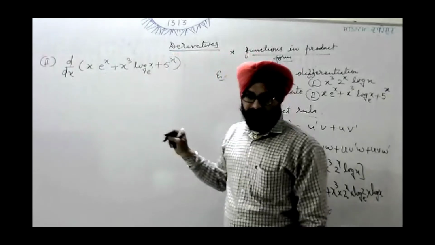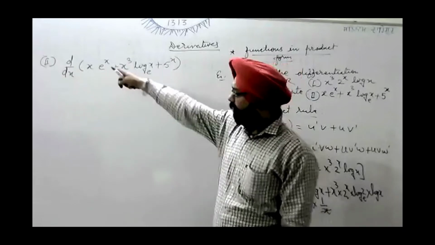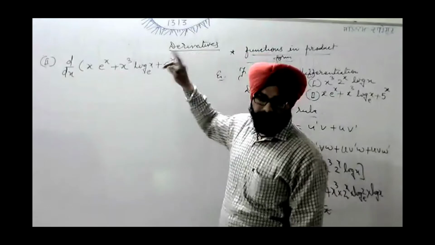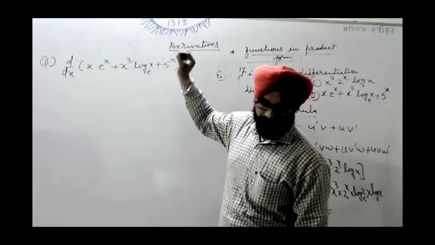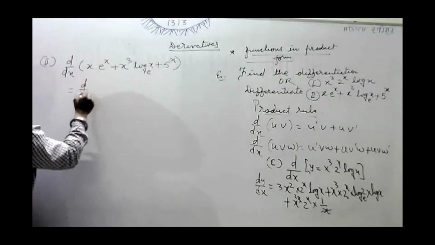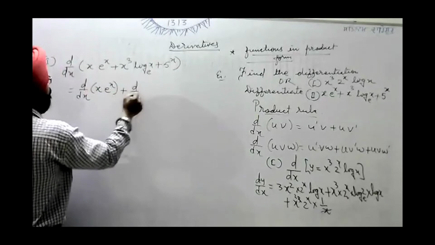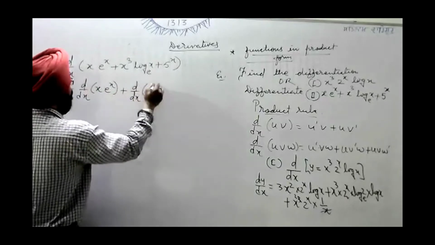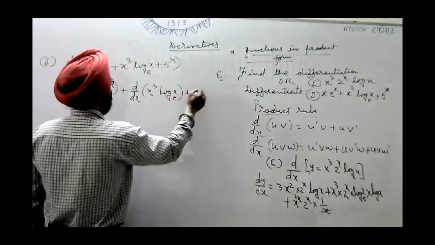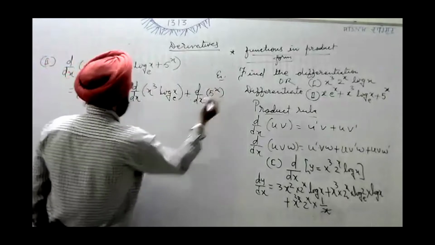The main intention is to differentiate. In this condition, first rule: this is overall an expanded form, so the differential coefficient will be taken of each term. We can write this as d by dx of x e to the power x, d by dx of x cube log x to base e, d by dx of 5 to the power x.